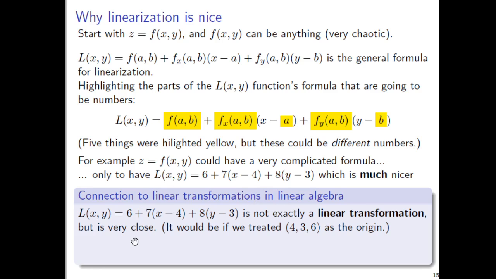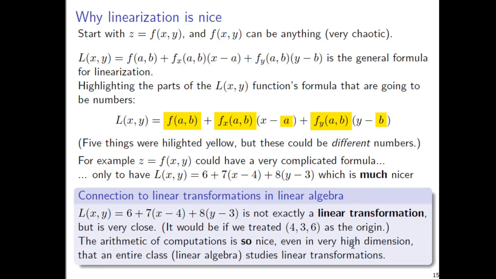The issue is that this graph does not go through the origin, which is a thing that you would need in linear algebra technically to have a linear transformation. Now, if we just temporarily moved the axes so that 4 comma 3 comma 6 were treated just temporarily as the origin, then you would have a linear transformation.